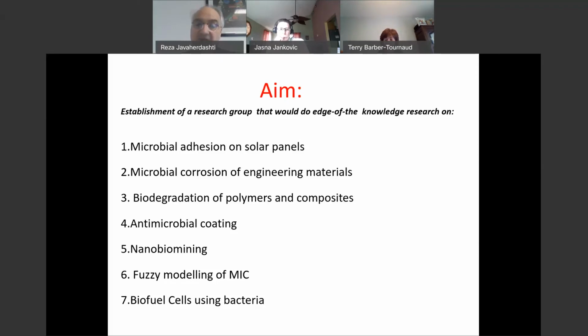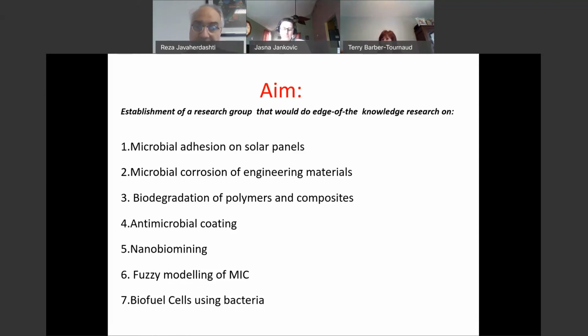Antimicrobial coating and nanobiomining. Last time I had a very short talk about what nanobiomining is. It is basically extraction of nano-size magnets from the body of the bacteria.